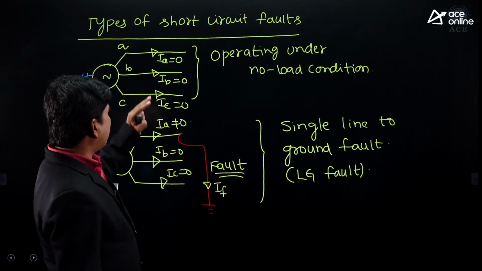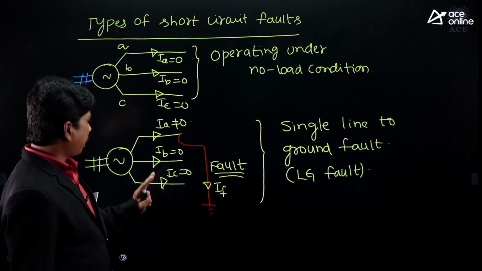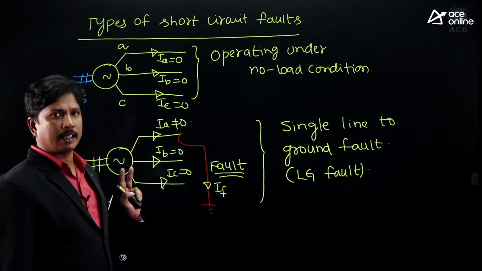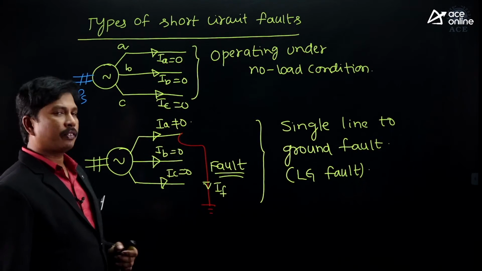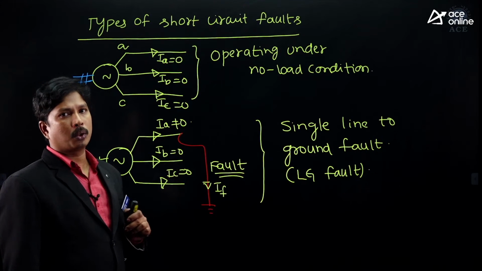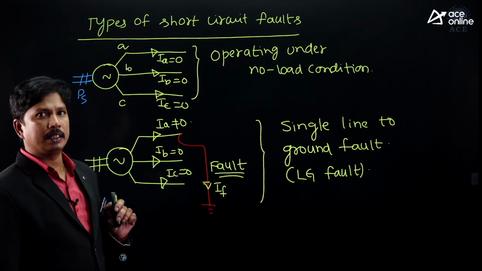So even though the generator is operating under no load condition, this type of fault is giving a current in phase A. So that type of fault we are calling the single line to ground fault, or line to ground fault, simply LG fault, right?